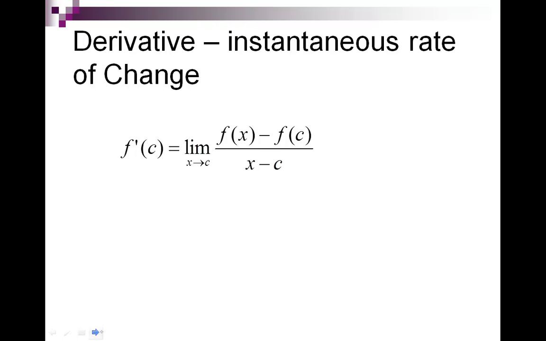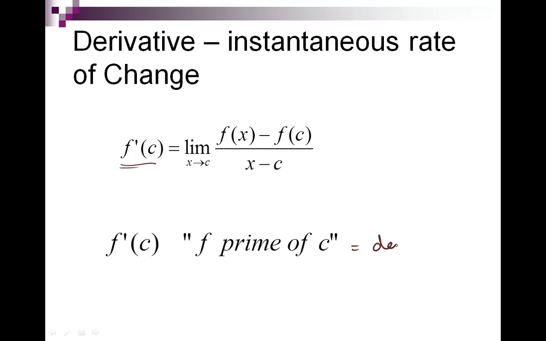Now we're saying, and this is read f prime of c, f prime of c, which is the derivative, equals exactly the limit as x approaches c of this difference quotient. In other words, I have two values.